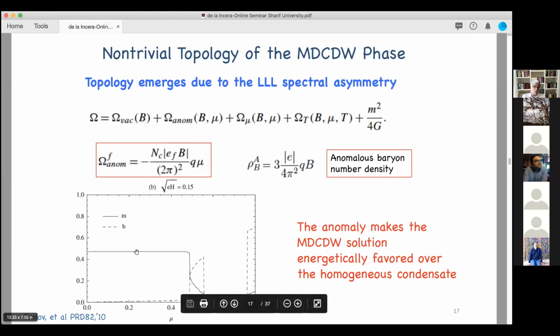In this region, this is not a region of interest because these are not the star densities. The densities of interest are in this part here. And for them, the mass goes down. So the magnetic field actually doesn't really have to be very high. So 10 to the 17, up to 10 to the 18, but 10 to the 17, I would say is fine. And that's a reasonable field for the core.